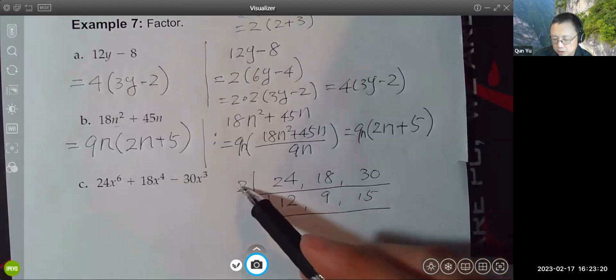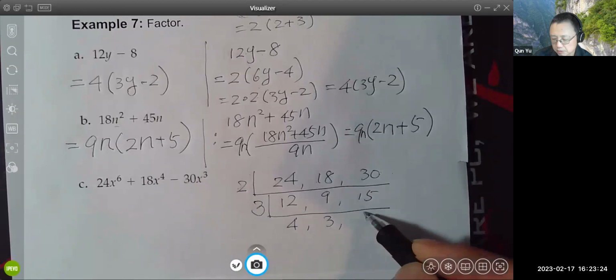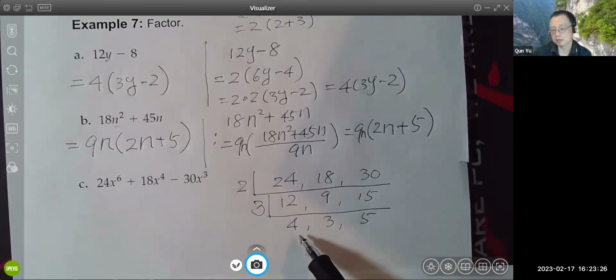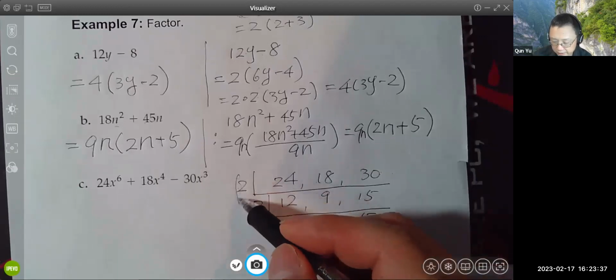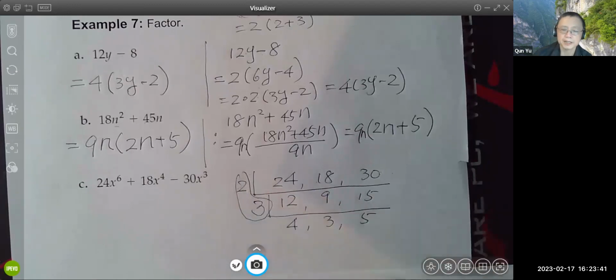So this is going to be a 4, this is going to be a 3, this is going to be a 5. Now, among these 3, there's no common factor that can go into all of them without remainder. So now I will stop here. These divisors we used, multiply them together, that's the greatest factor.